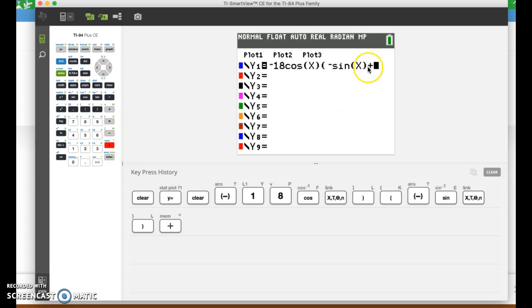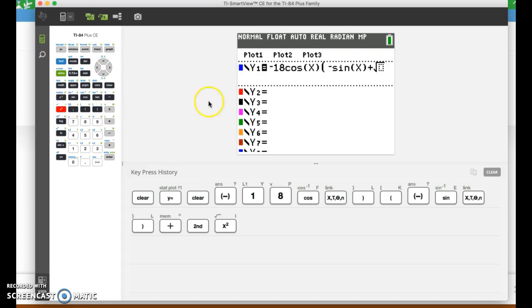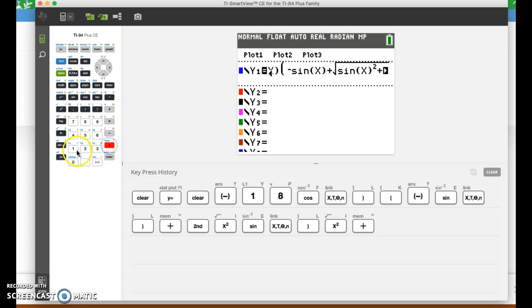So then from after this, we had the square root of sine squared of our variable. So sine of your variable and then squared. And then you need to type plus 1. Come over here, close your parentheses.